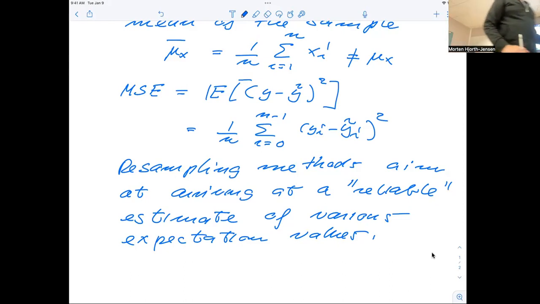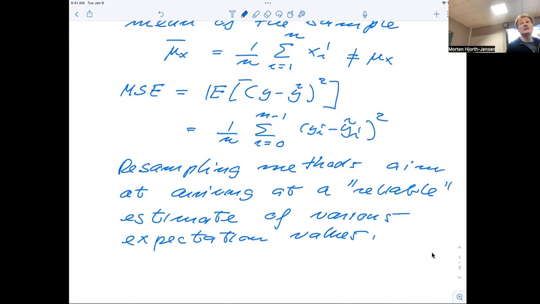So typically, if you now do a resampling like a bootstrap method, you would calculate the mean value for each bootstrap. So a bootstrap is simply you taking your data set and picking randomly among the data points with replacement. And you can do this random selection of data points as many times as you want.